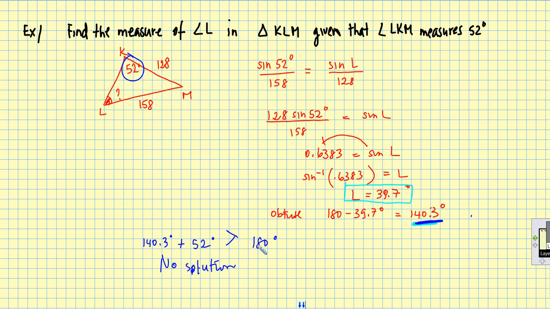There is no triangle that could ever be made using two angle measures that add up to a number over 180 degrees. So all you need to say is we reject 140.3 as an angle since 140.3 plus 52 is greater than 180 degrees.